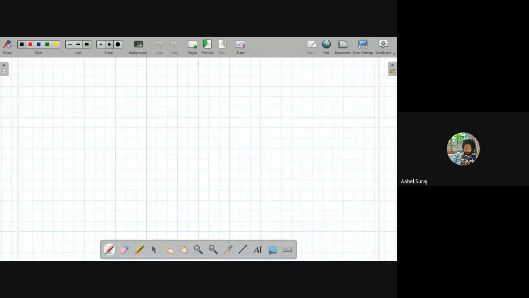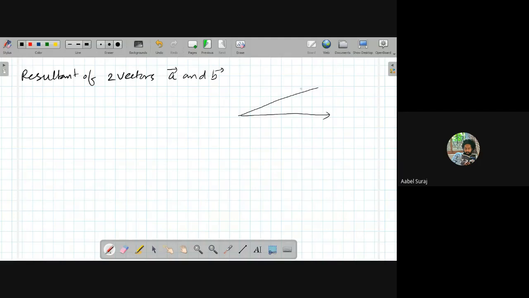So the next one. We have discussed vector algebra and vector notations. Another important thing is the parallelogram law of vector addition. If you're finding the resultant of two vectors, let's say A and B, whatever arbitrary direction, you have A vector over here and B vector over here.